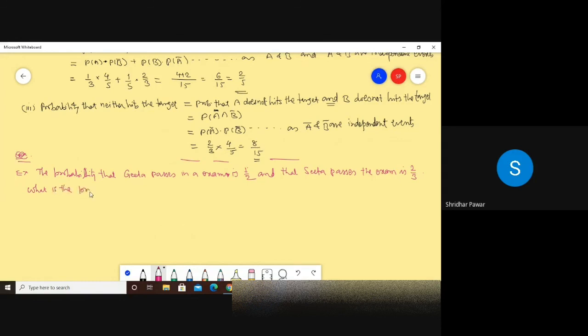What is the probability that both will pass? A will pass and means Gita will pass and Sita will pass.